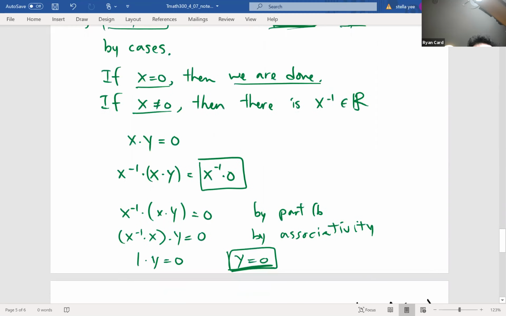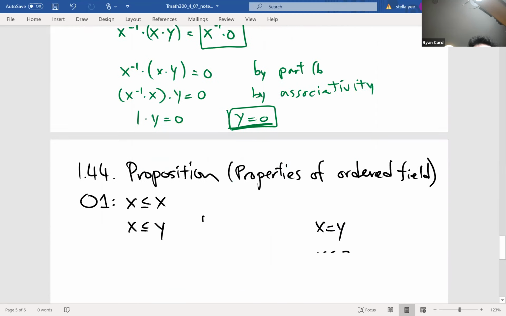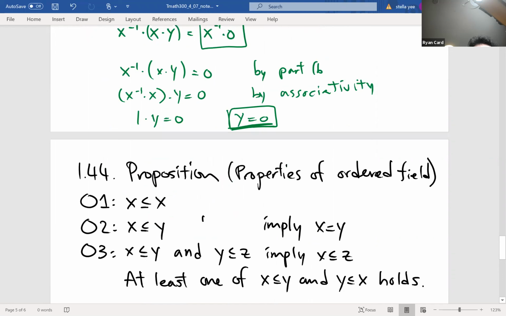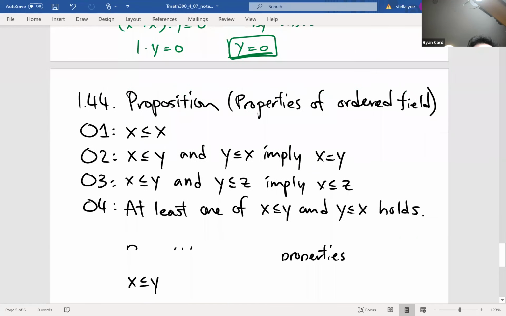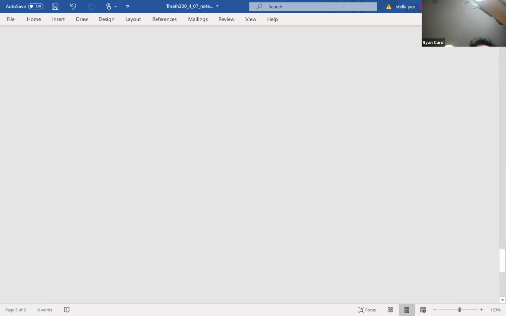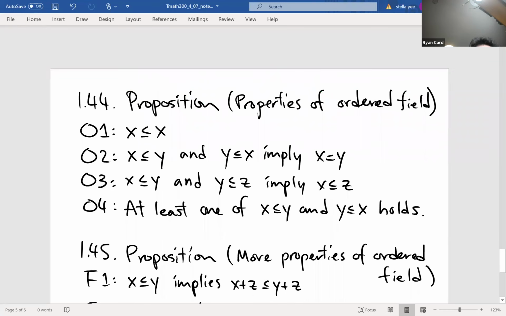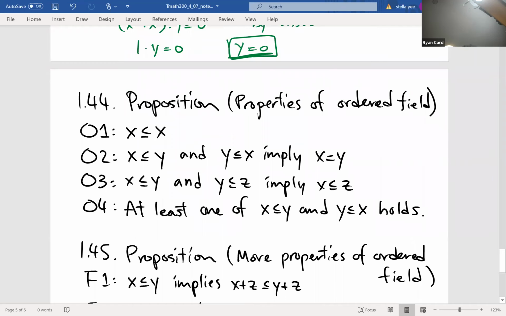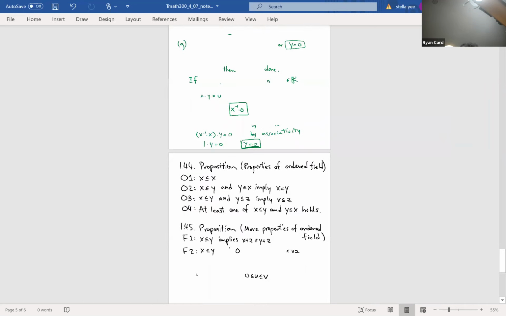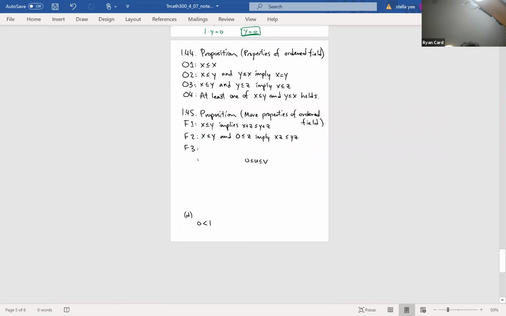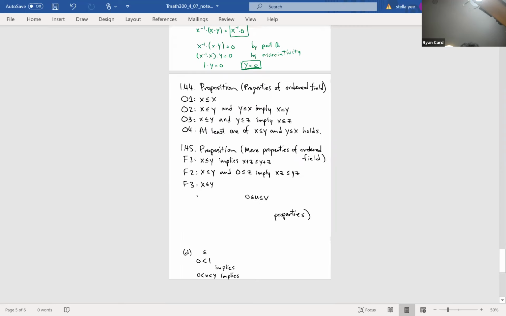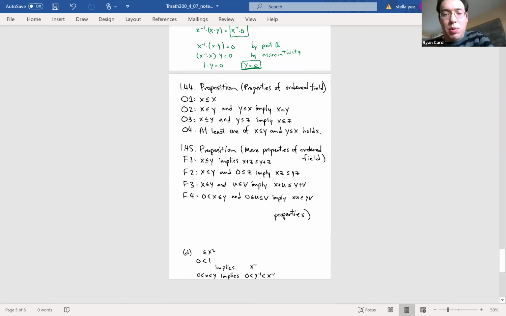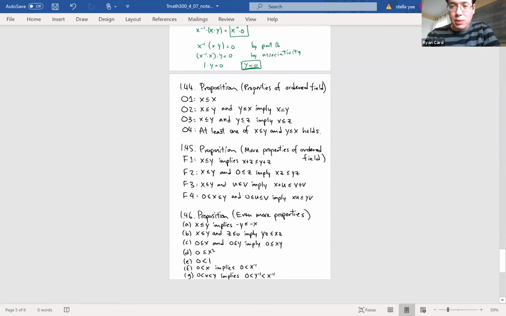Okay, so I just kind of ran out of room, so that's it for that proposition. But there are more propositions you can look at to see if you can prove. I've written out propositions 1.44 through 1.46 in the textbook.